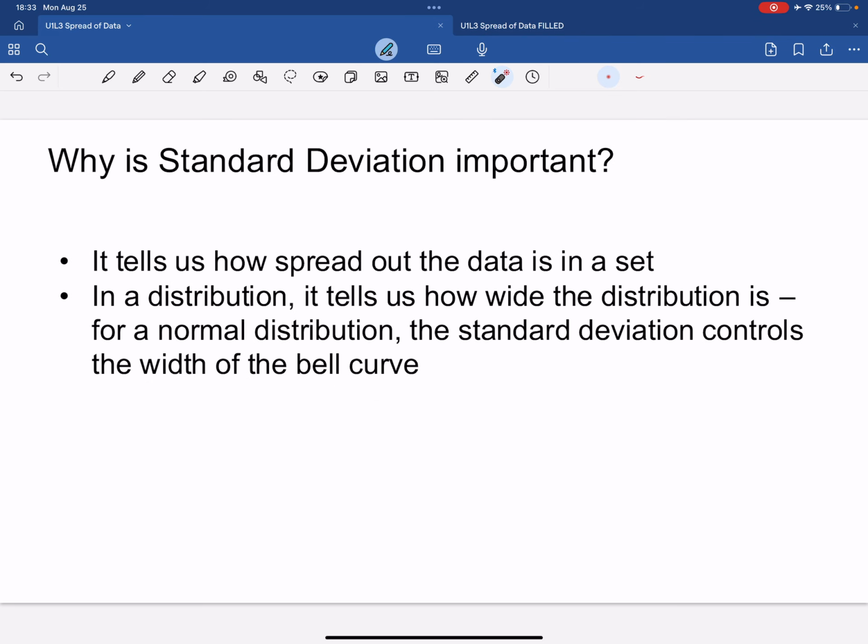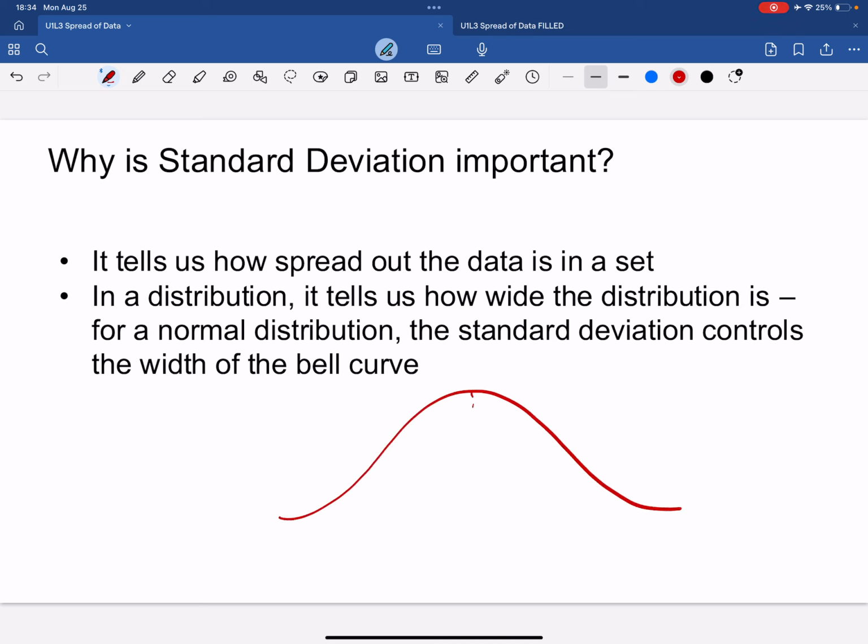Here are some reasons why standard deviation is important. It gives us a different measure of the spread. If we have some sort of distribution like a normal distribution, we know the width of the distribution, right? For example, we could have the same average.